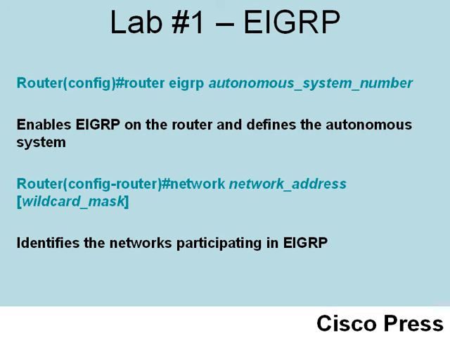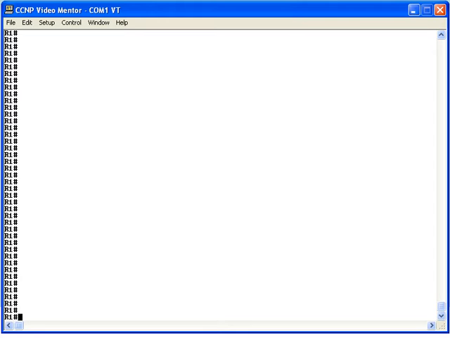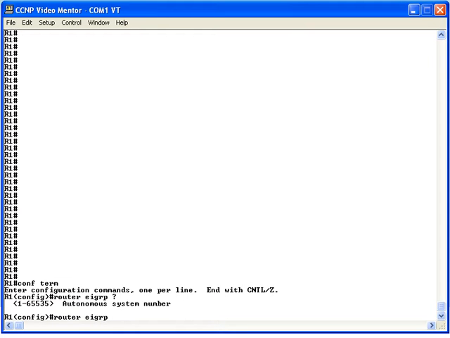Let's actually do this on our routers. Starting off over on router R1, let's go into global configuration mode and say router eigrp, and let's use some context-sensitive help to see what range of autonomous system numbers we can specify. Let's just use 1.